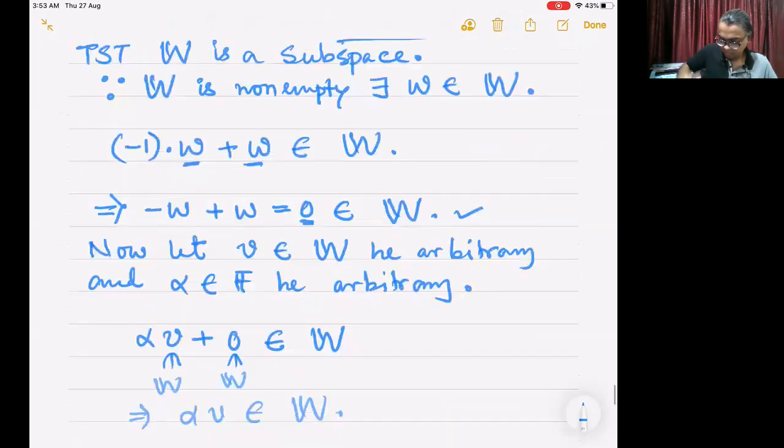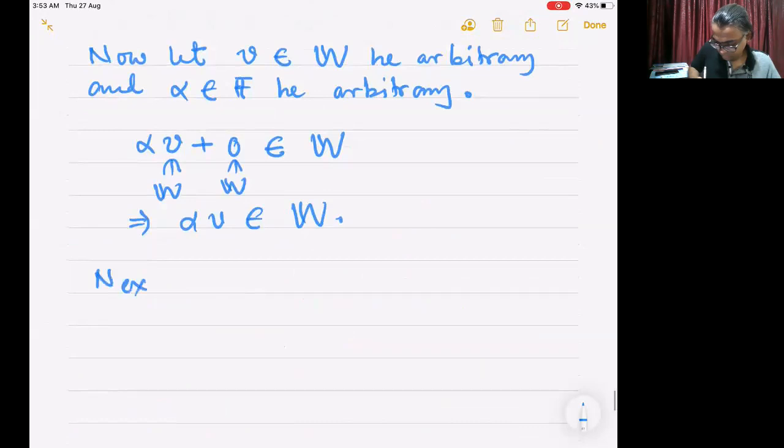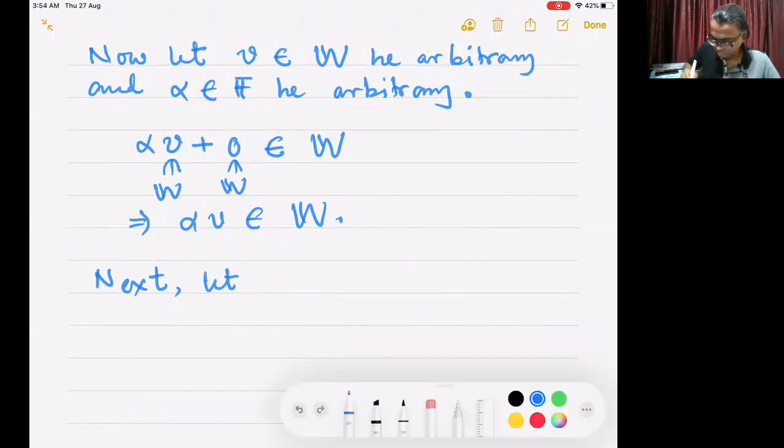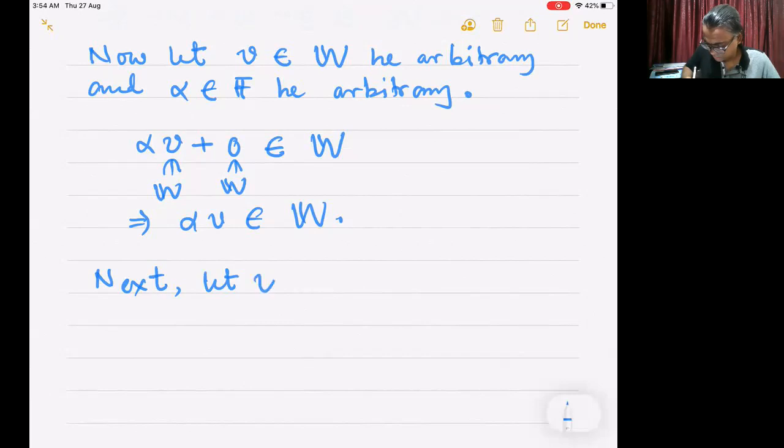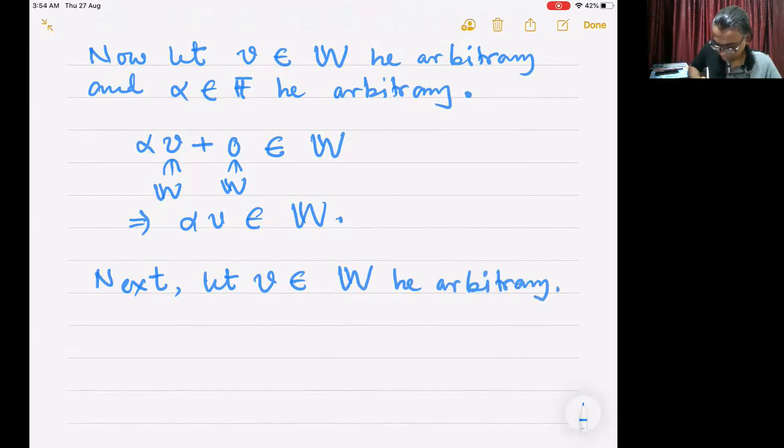Okay, now next, additive inverse. Let V, once again, be arbitrary in W. Then -1 into V is of this type, and we have already shown that W is closed under scalar multiplication.